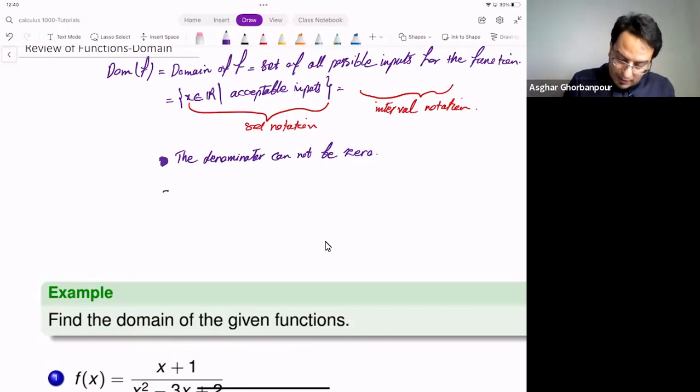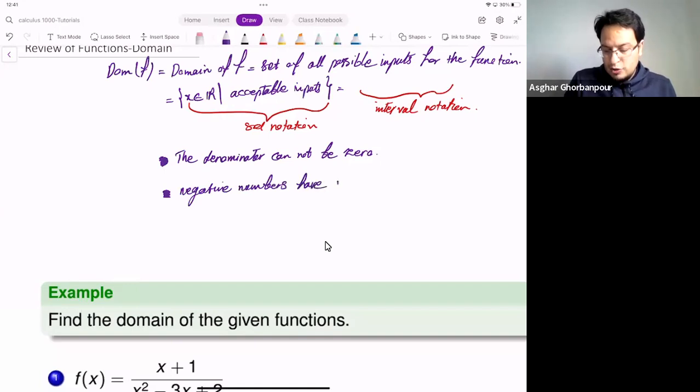The other one, which is less problematic, because in higher advanced math you resolve it by introducing so-called complex numbers, says that negative numbers have no even root.